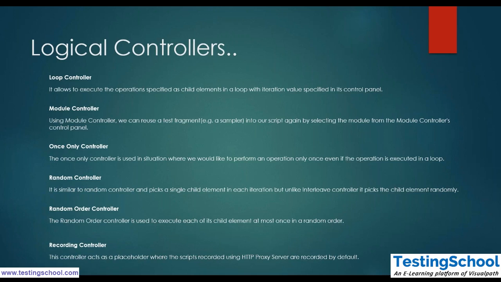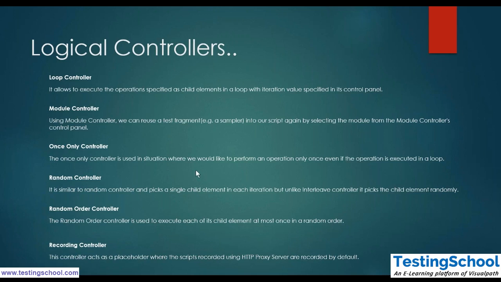If you want to execute a particular section randomly, you will push it in the random order controller. There is an important difference: in random controller only one of the samples will be executed in one iteration, but in random order controller the whole section will be executed, but in random fashion.